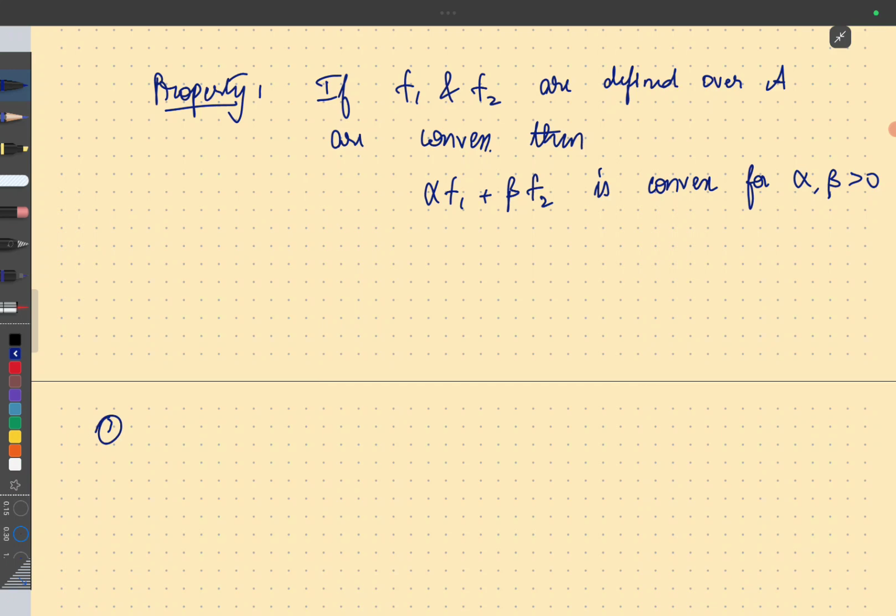So here's another problem. What about the L2 norm of x? Or let's start with something even more basic. f of x equal to mod x.